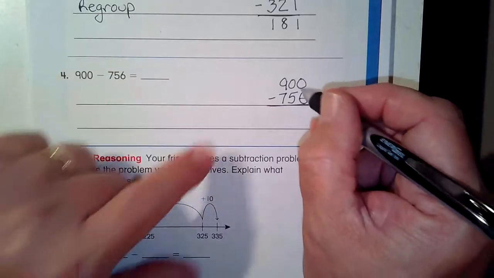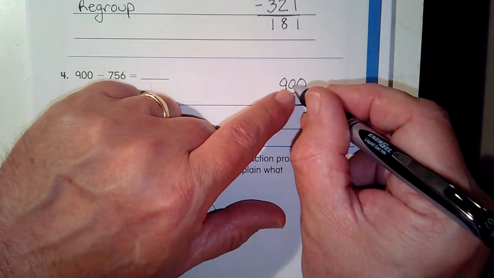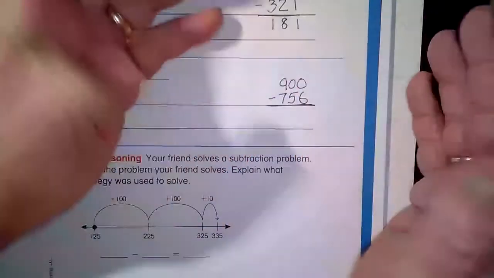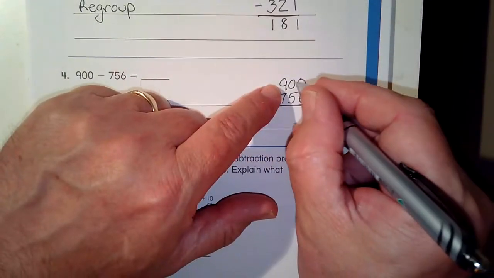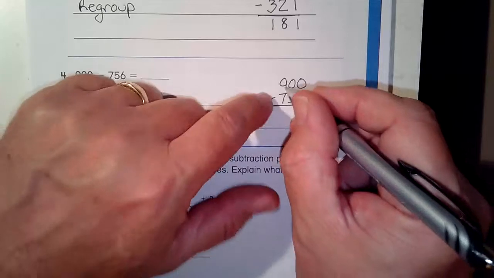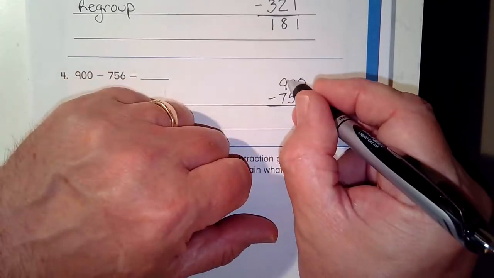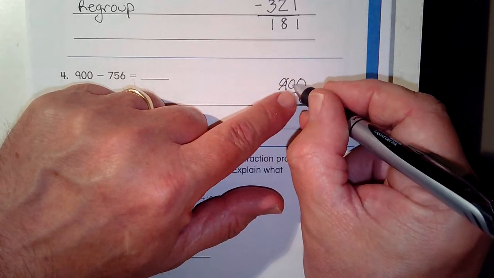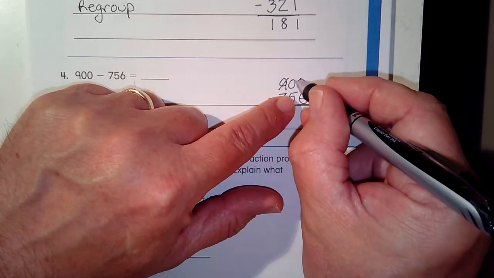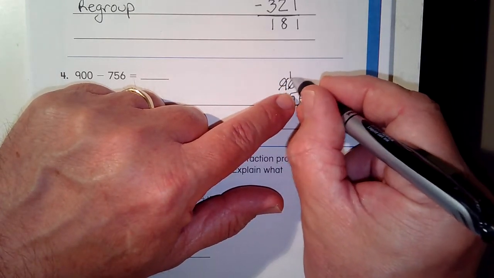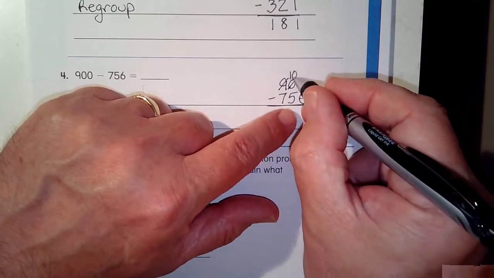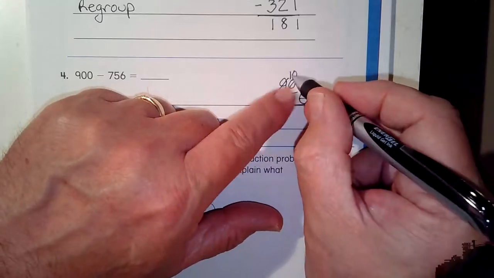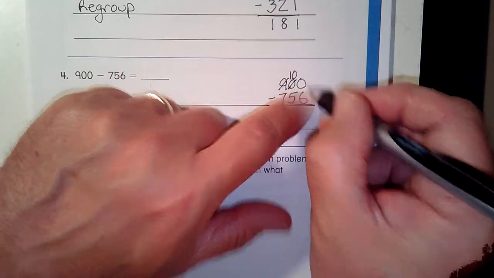We just learned this. I can't borrow from the tens column, because there aren't any there. So I have to come all the way over to the hundreds column. When I do that, I'm going to make 10 sets of 10, right? That becomes a 10. Now I can regroup from the tens and make a 1.